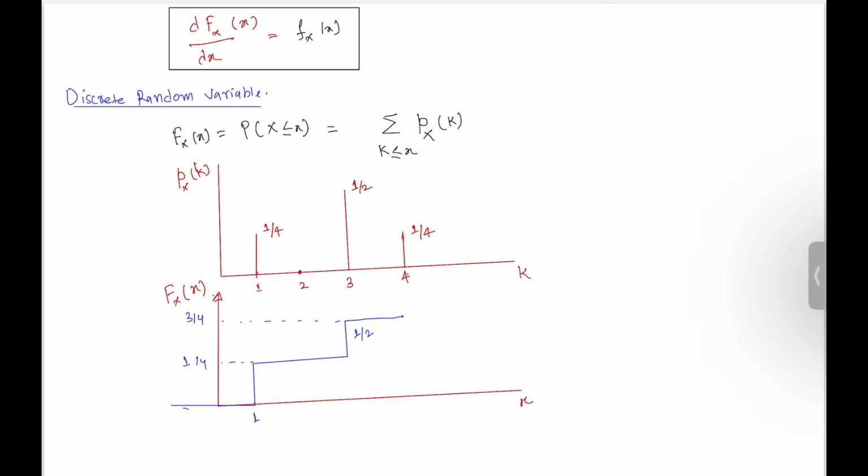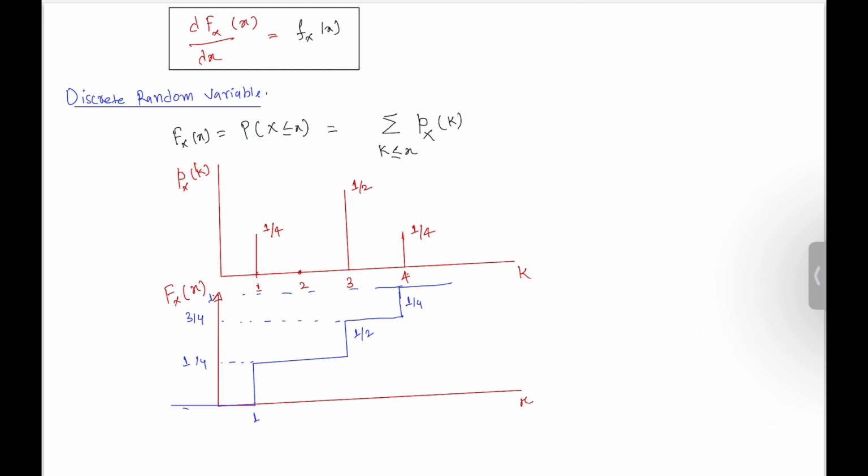So overall, now you will be accumulating 3 divided by 4 plus 1 divided by 4, that is 1. Right? So this is how the CDF will look for this given PDF.